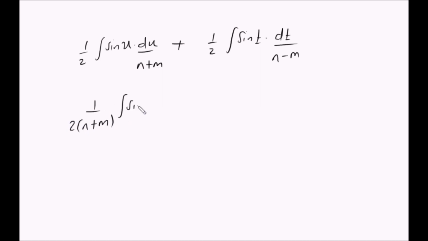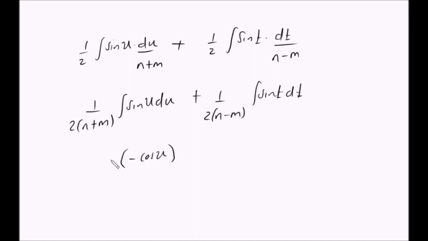So we remain with sin u du plus 1 over 2(n minus m), integrate sin t dt. The integral of sin u is negative cos u. So negative cos u times 1 over 2(n plus m), plus 1 over 2(n minus m) times negative cos t.